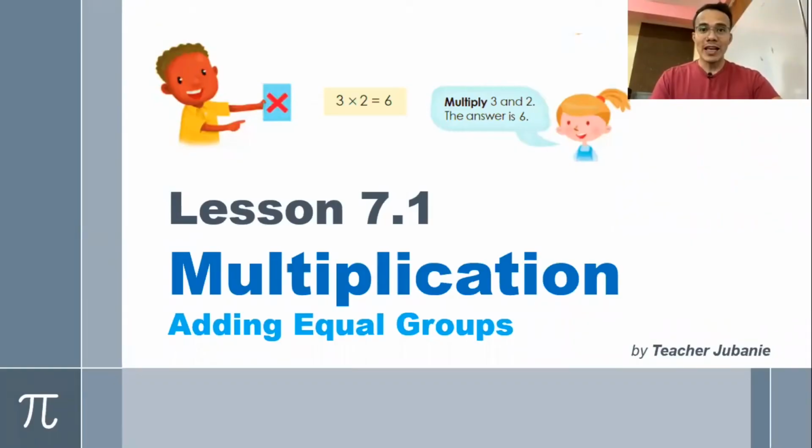For today, we are going to learn lesson 7.1. It's about multiplication, and we will be focusing on adding equal groups. Are you ready now? I know that you are already ready for this topic, but before I proceed to my examples or discussion, let me introduce to you first the things that we need to accomplish for today.